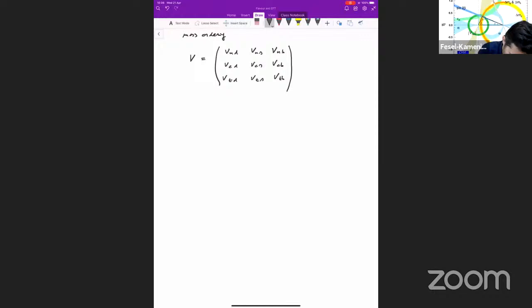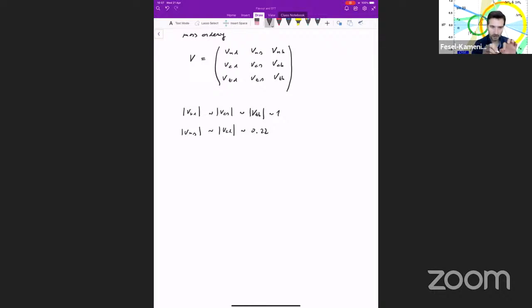The moduli of the diagonal CKM elements, VUD, VCS, and VTB, are all of order 1. On the other hand, the first off-diagonal elements, VUS and VCD modulus, are approximately the same size and are smaller than 1.